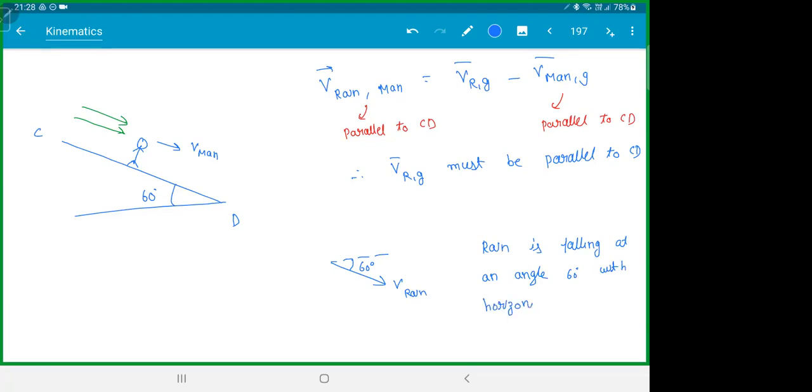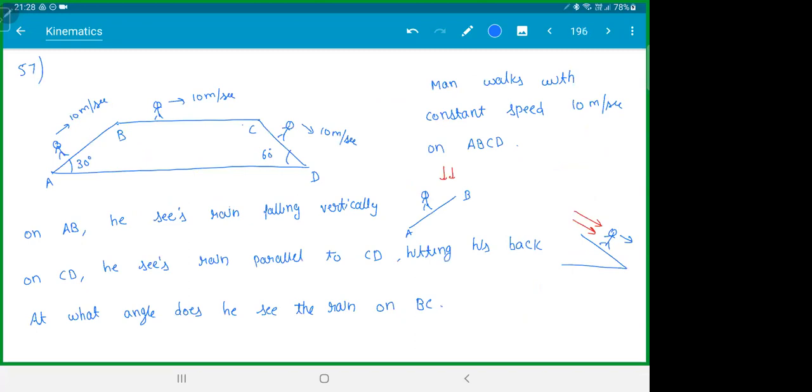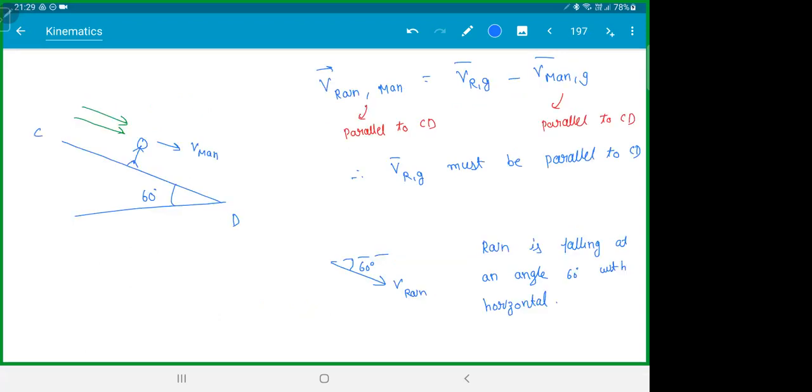Now try from here. I'll give you another 1.5 minutes. Now how to proceed from here. Now, when you're going on AB, you think the rain is falling vertically. So what is the angle seen by the man when he's walking on BC? You can just have a look at this once.